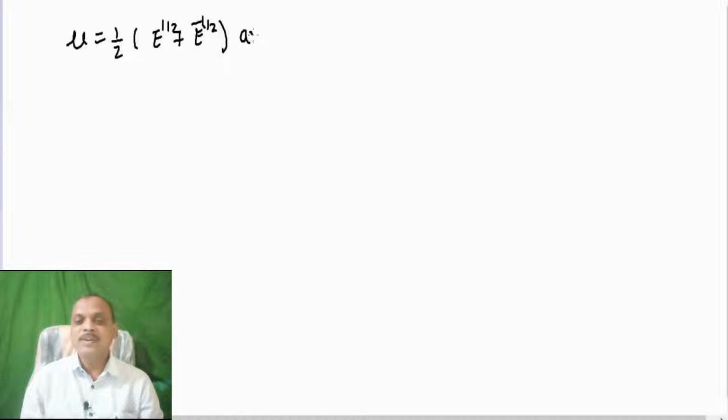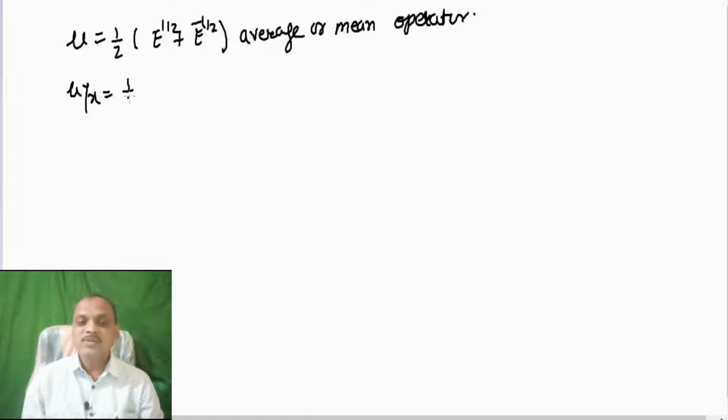This is an average or mean operator. So mu of y x equal to 1 by 2 into y of x plus 1 by 2 plus y of x minus 1 by 2. This is about the mean or average operator.